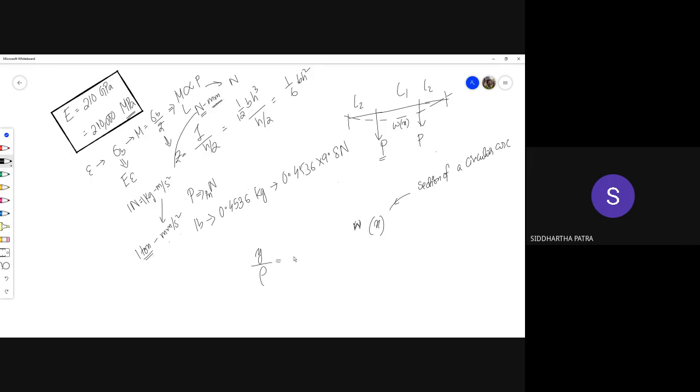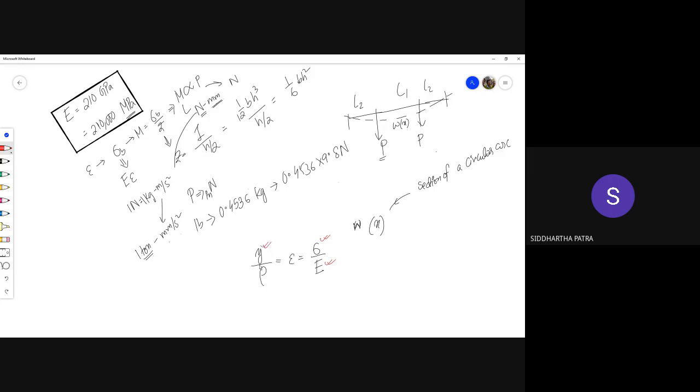equals epsilon, which is sigma divided by E, which basically means, if the stress is constant, this of course is a material property, and this is the dimension of the cross section.